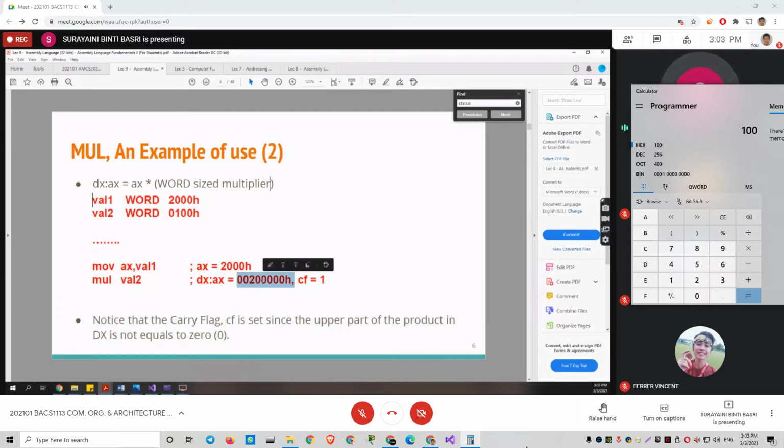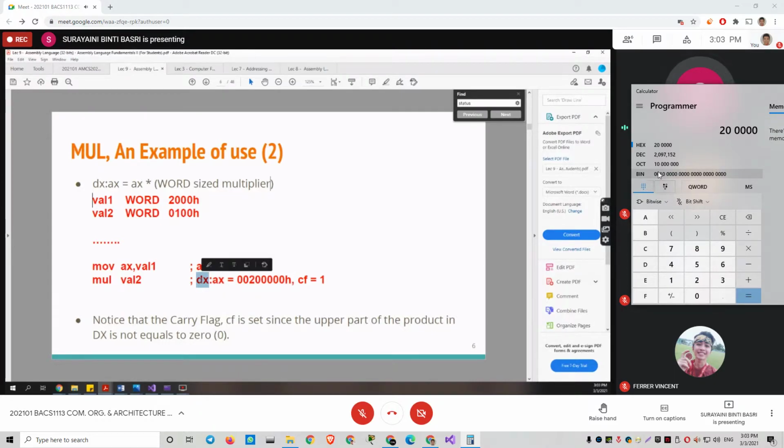So when you see here, the value of this multiplication will be this number. When we convert this number into binary, it will take up more than 16 bits. If it is over 16 bits, the first 16 bits will be stored in AX and then the rest will be stored in DX.